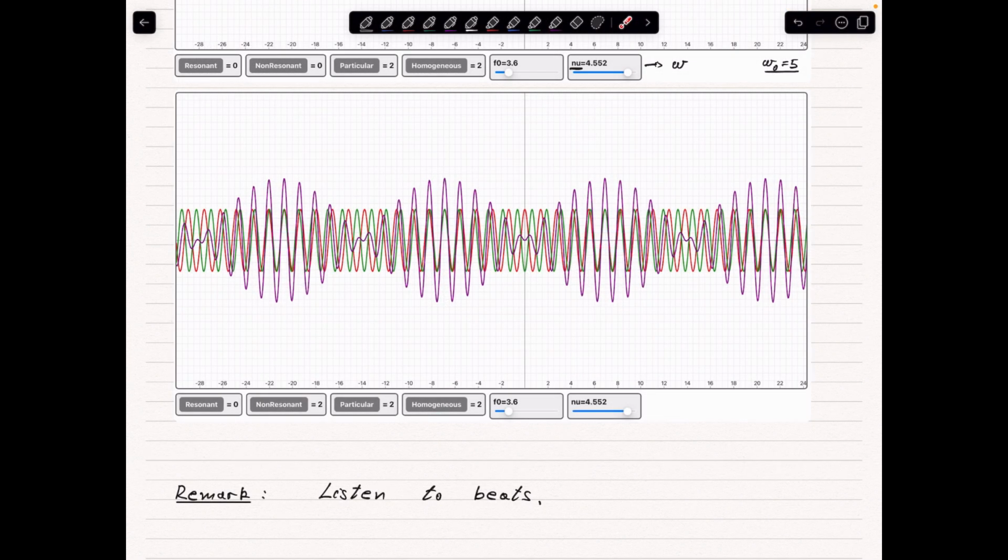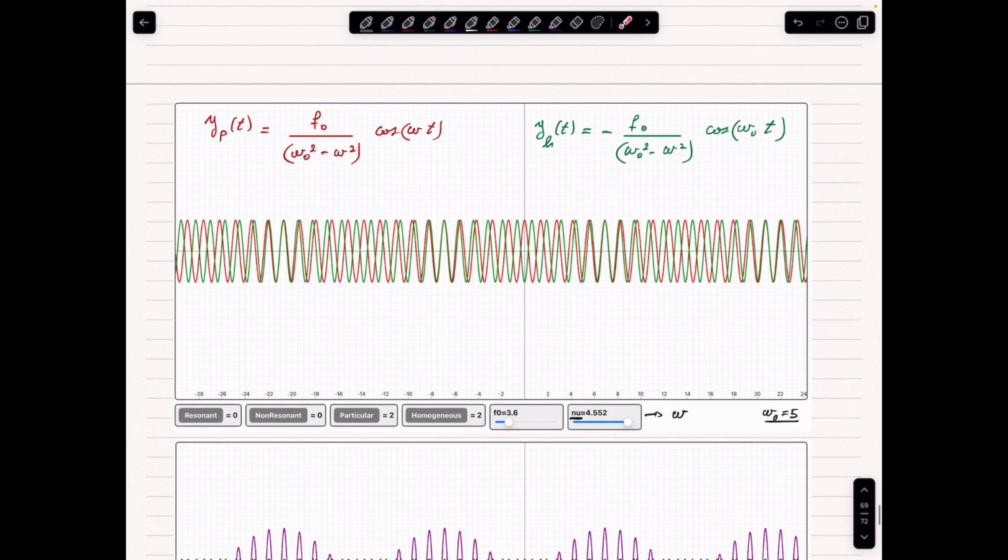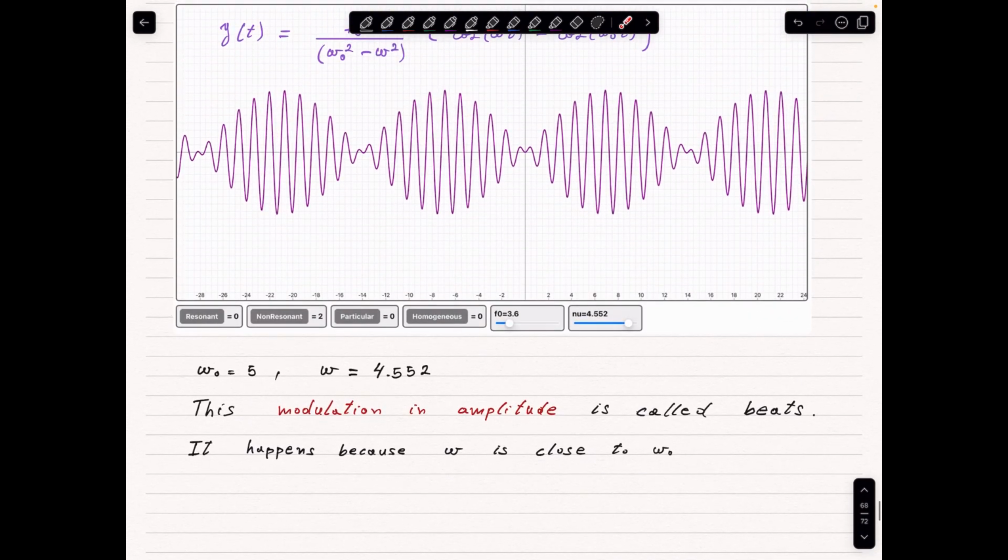Well, and that is beats. We have this oscillation. So the background sound is given by this frequency. These are the 300 Hertz, and here these are the beats with a much larger wavelength that we were hearing.